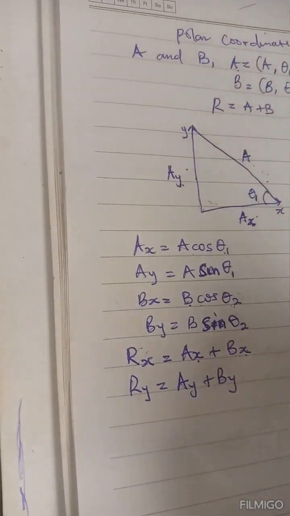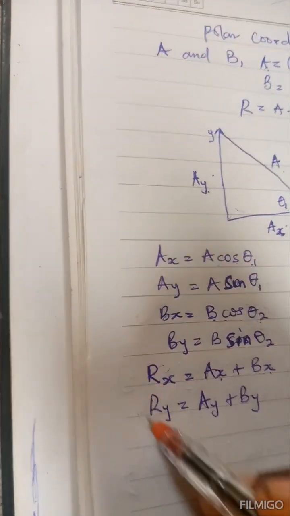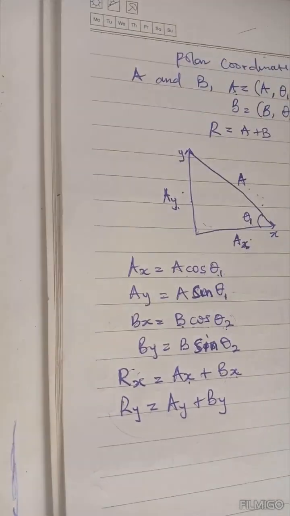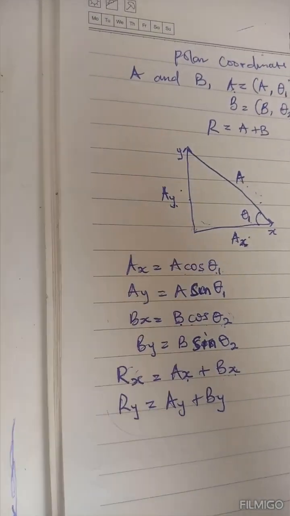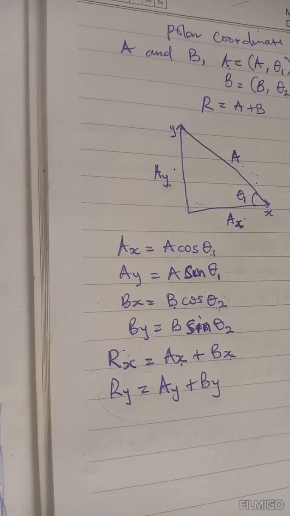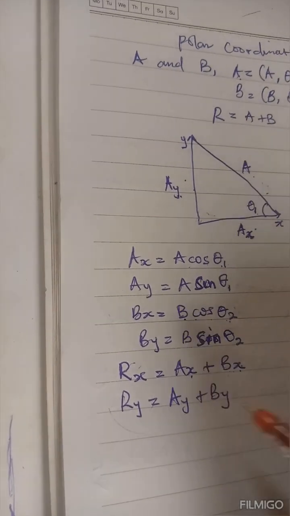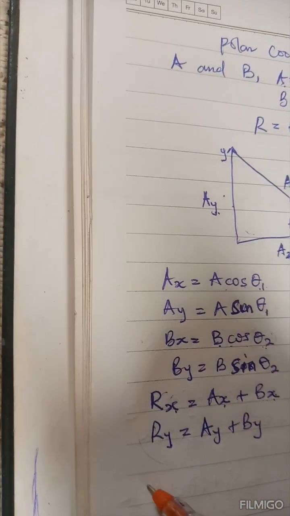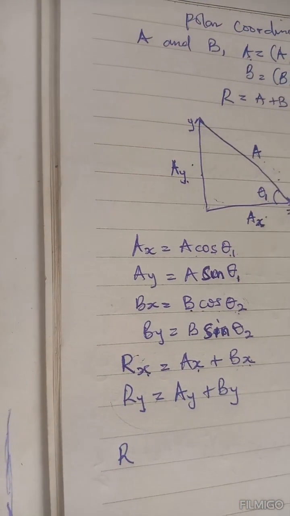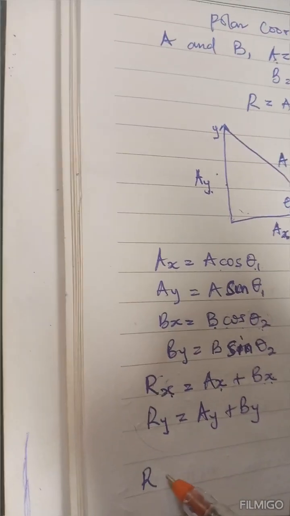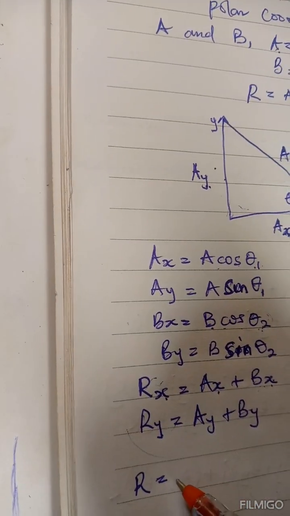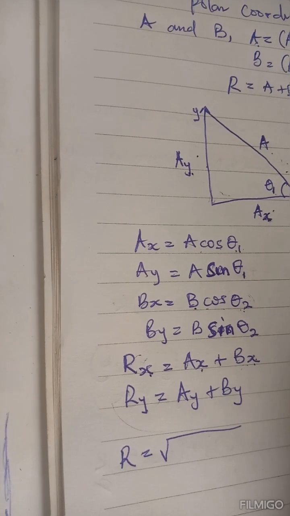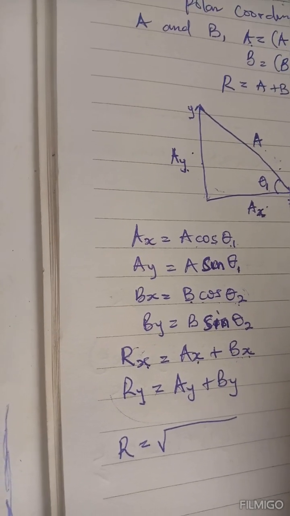For me to get my total resultant, which can also be called the magnitude, of resultant x and y, I'll have r, the total resultant, equal to, and here I'm going to be using what is called the Pythagorean theorem.